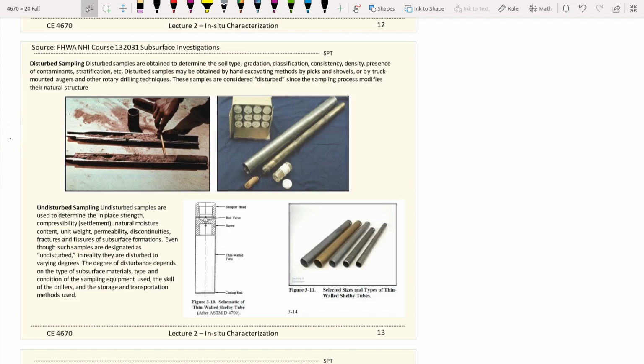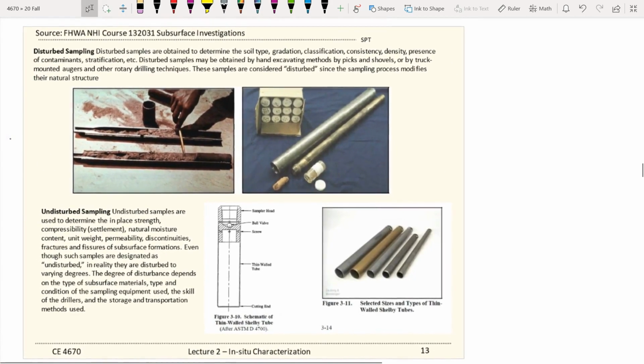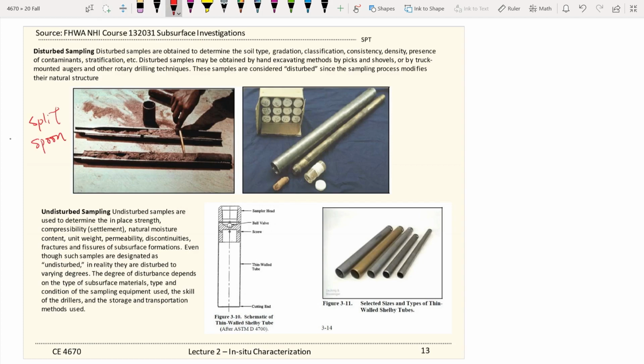Okay, so this slide shows you the two different sampling methods, the disturbed one and the undisturbed one. For the disturbed samples, we use what we call the split spoon sampler.